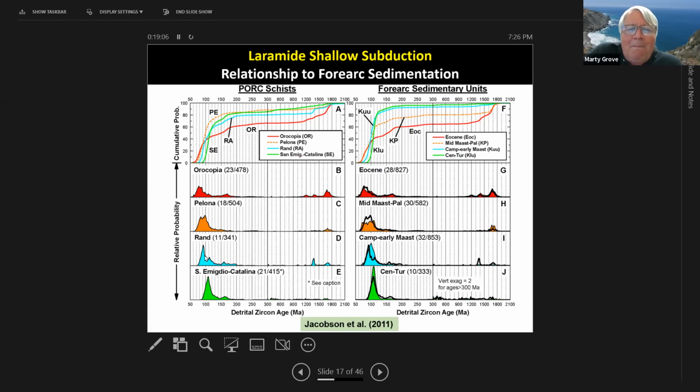And progressively younger schists, the Rand schist, the Pelona schist, and the Orocopia schist, underplated beneath southwestern Arizona. The youngest zircon becomes progressively younger, and you start to see greater quantities of cratonal materials.